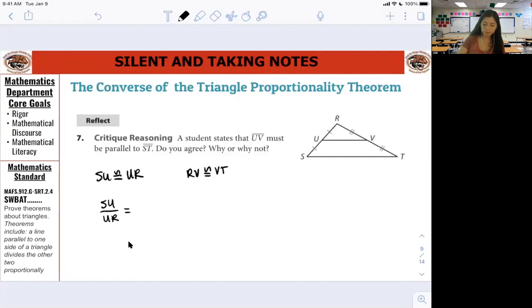Yes, when I write it as a proportion, VT over VR. What I'm trying to get at is that this equals 1, because those are equal values. You can rewrite this as SU over SU and VT over VT, since those segments are equal to each other. And this is 1 and that is 1. So we can show that the side lengths are proportional.